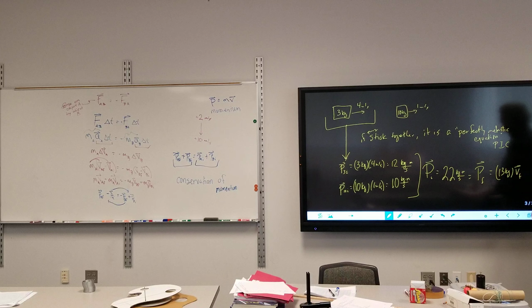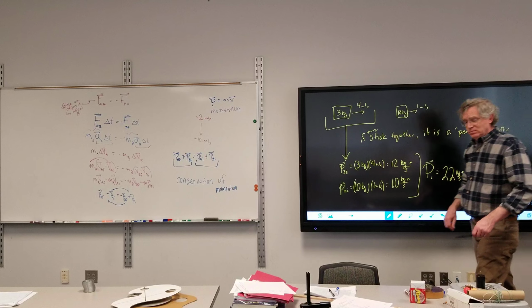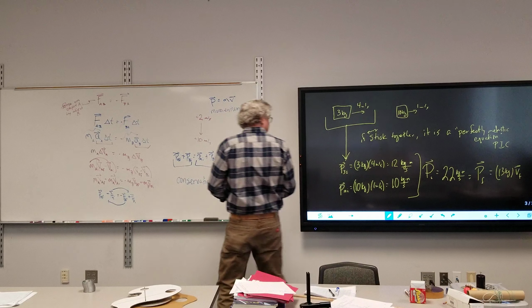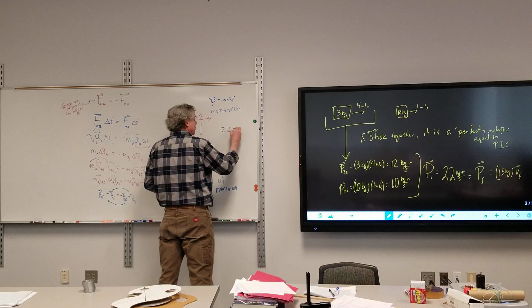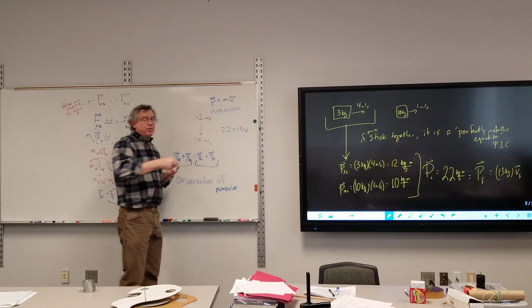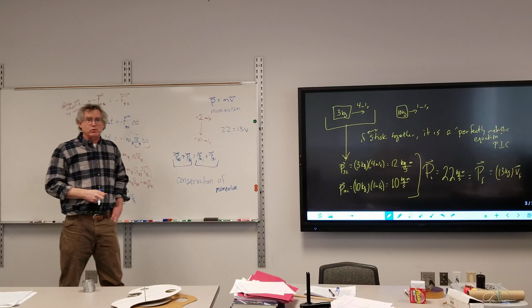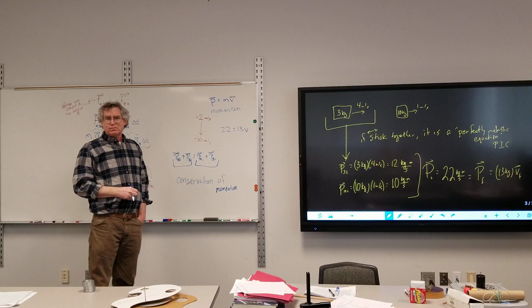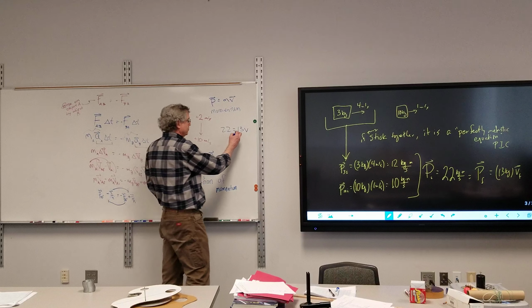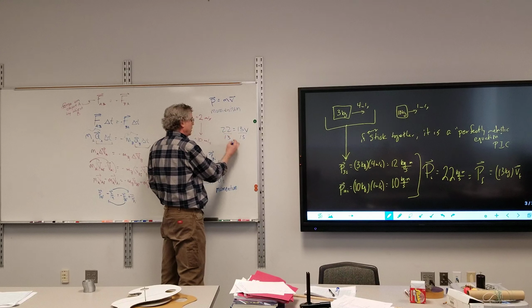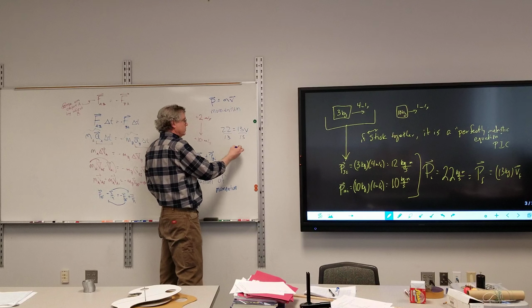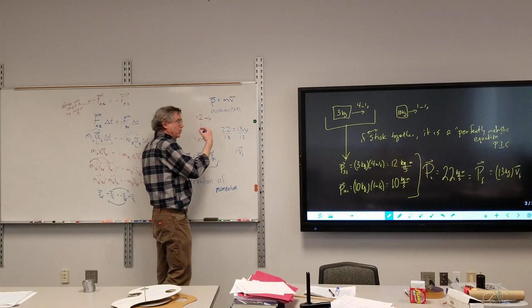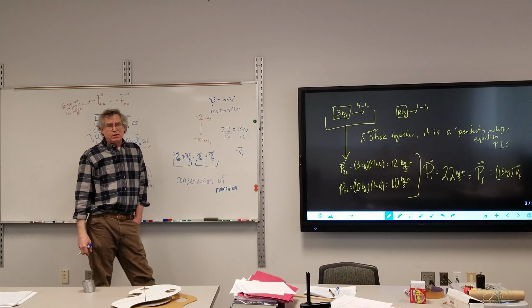So the math problem is 22 equals 13V. How would you solve for V? Divide by 13. So my final velocity is 22 divided by 13.